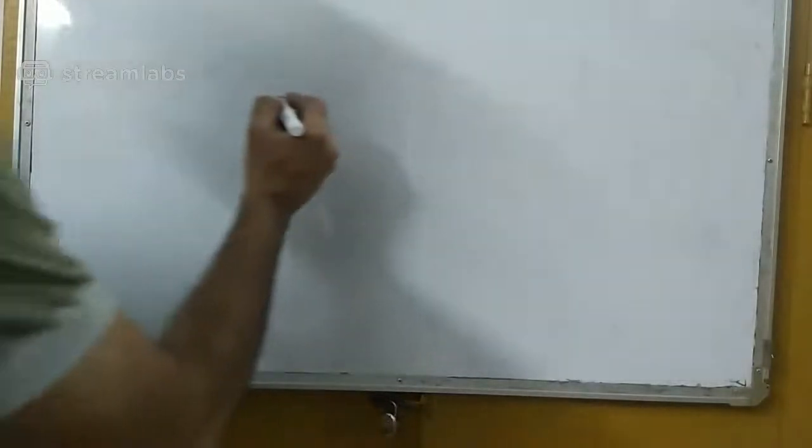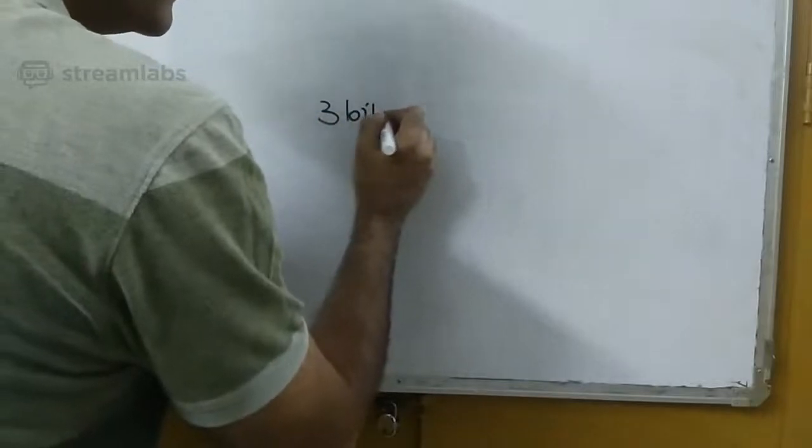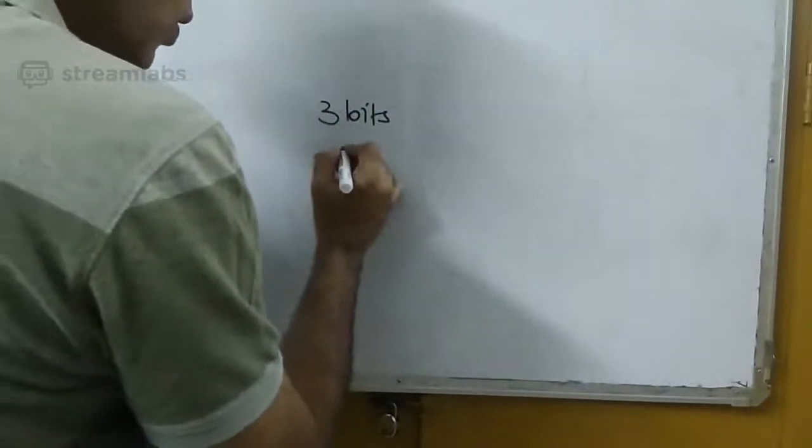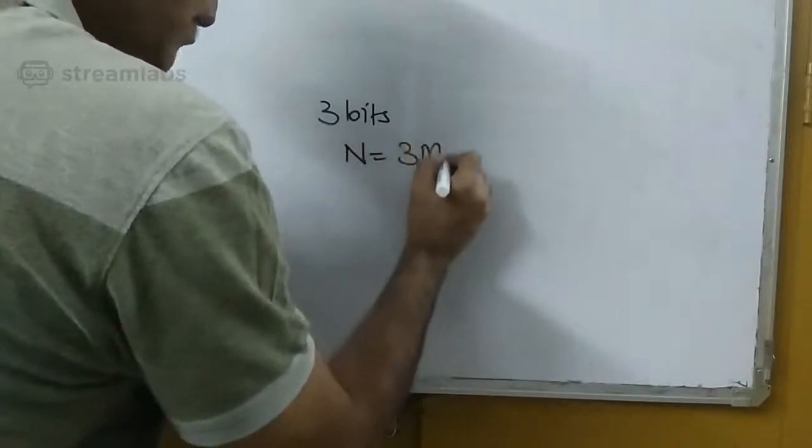Next he is asking regarding baud rate. How many bits are you representing per level? 3 bits. The bit rate given is 3 megabits per second.